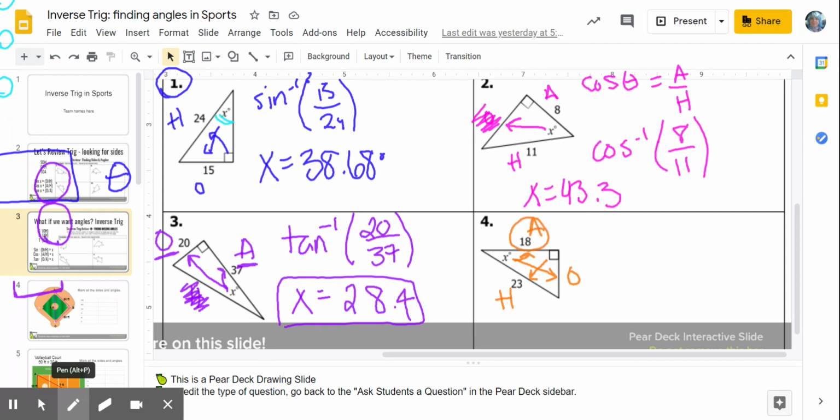So we're going to do A and H, so that is cosine. I'm looking for an angle, so I have to do inverse. And then A over H, CAH, so 18 over 23.